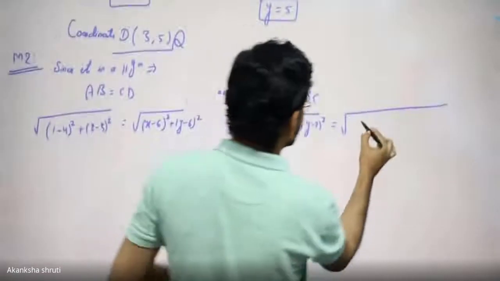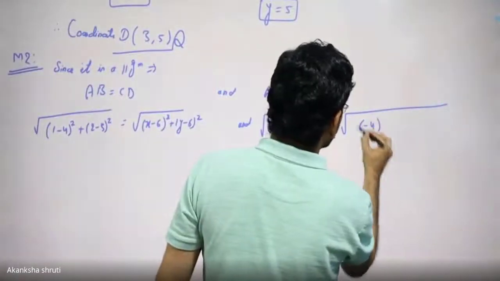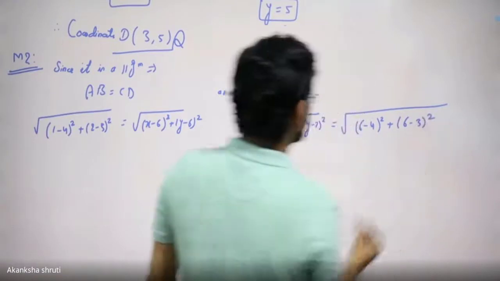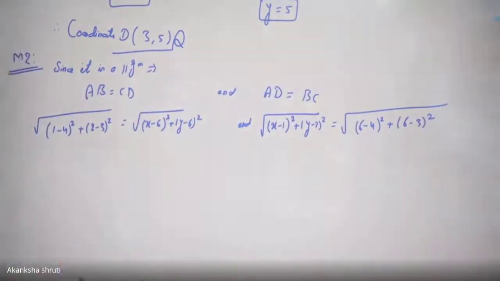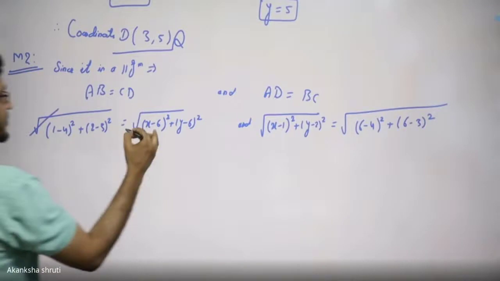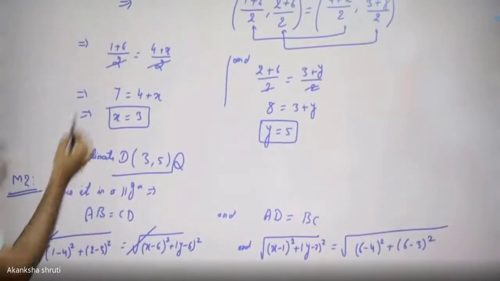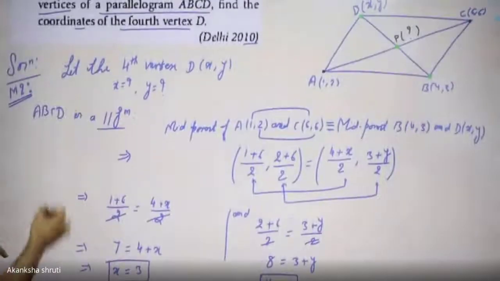So it is (6 minus 4) squared plus (6 minus 3) squared. Students, these are the two equations that we want to solve. Not very difficult, but you should be patient. That's why I had told you the first method is more appropriate.